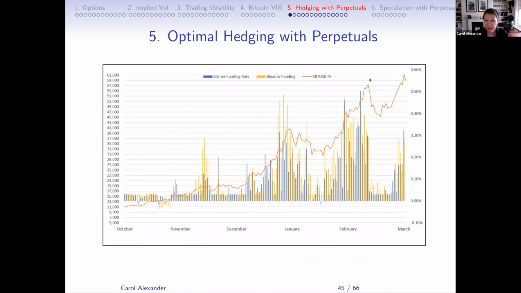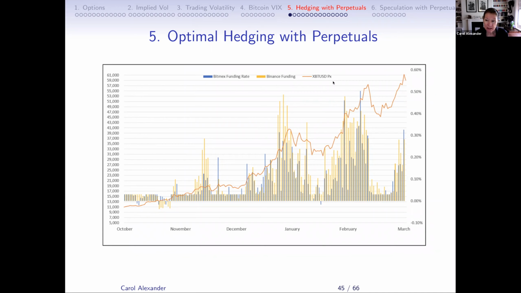The funding rate mechanism is something I'll go into in more detail. It's very complex. How the funding rate is derived is a different calculation on every exchange. This just shows the BitMEX and the Binance ones, so those are the main ones.